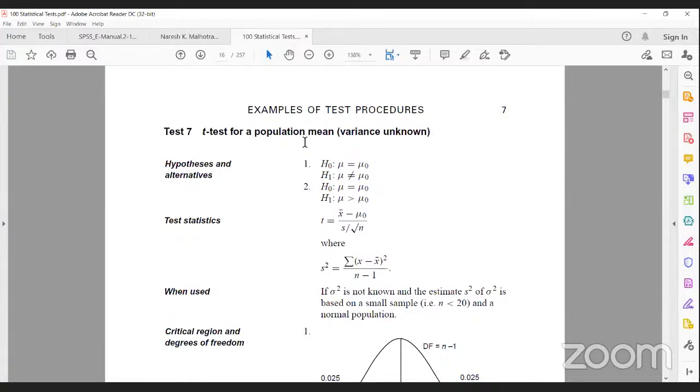Are you understanding, or do you still have any doubts? I'm able to reach you? Yes, sir. Okay, thank you so much. So we are comparing each observation with the cutoff point, the specified value, so we are comparing the means.